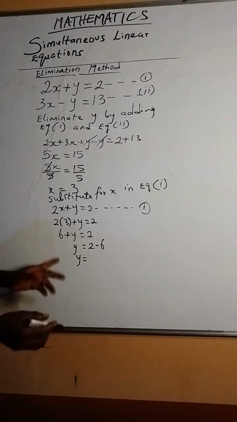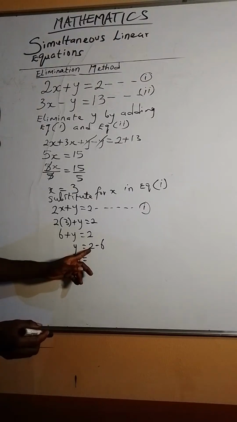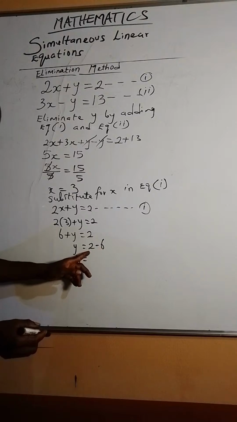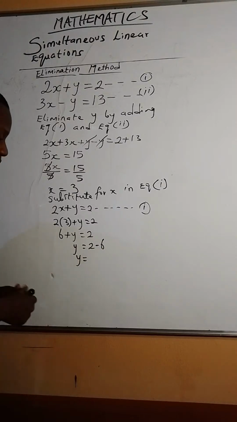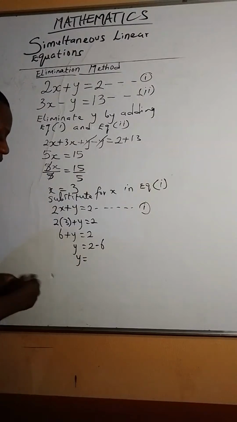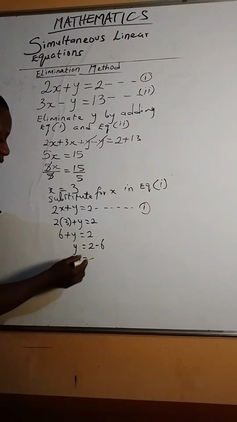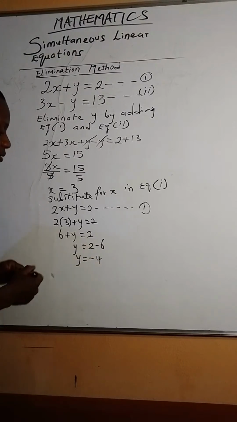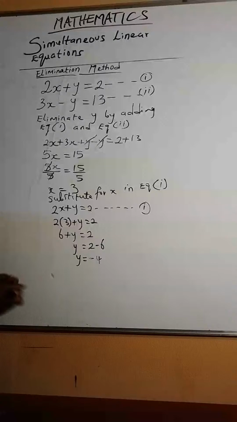It's going to be negative. Don't forget, because here the bigger number is being subtracted from the smaller number, so we are going to have a negative number. So that is minus 4. This is exactly how we got it.